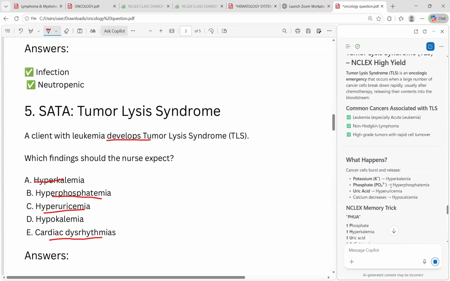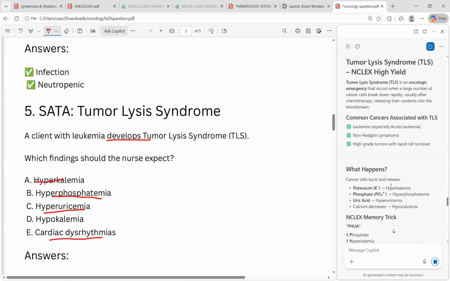Actually, tumor lysis means when we are administering chemotherapeutic drugs, this drug will act on the tumor. That means it will destroy the abnormal growth, the overgrowth. The abnormal growth is prevented, and the abnormal cells can be destroyed by the chemotherapeutic drugs.